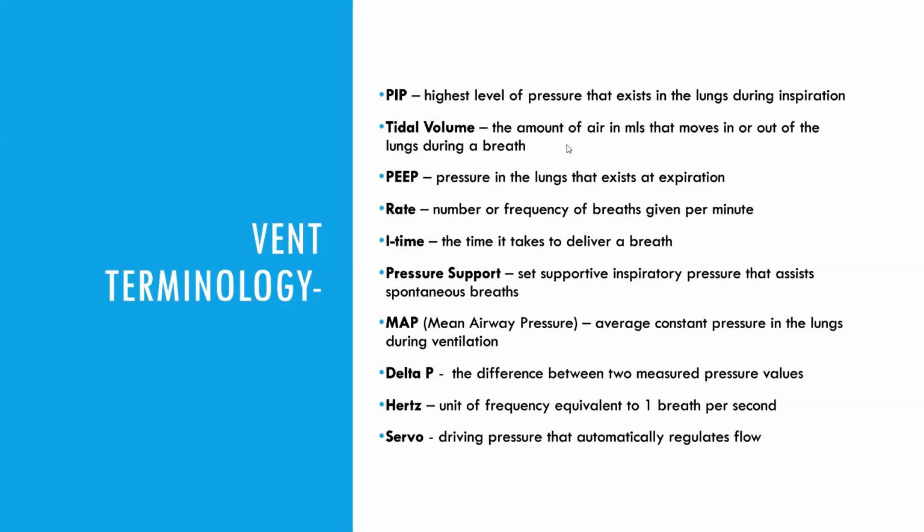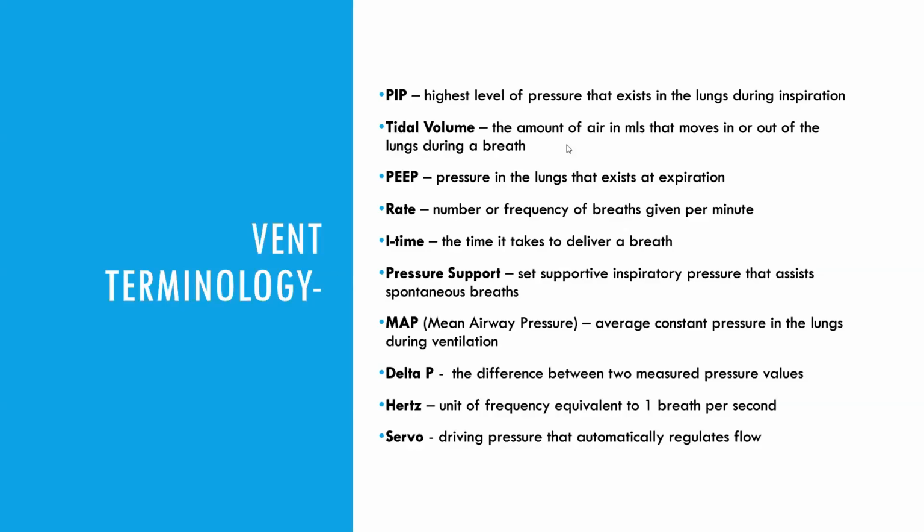PEEP is the pressure in our lungs at expiration. We all have PEEP in us on exhalation. None of us exhale all of our air out. So if we exhaled as much air as we could and measured the pressure in our lungs on expiration, we might all have a PEEP of 2, 3, 4. PEEP is what's going to control our oxygenation. Rate is how many breaths a minute we are given or are breathing.